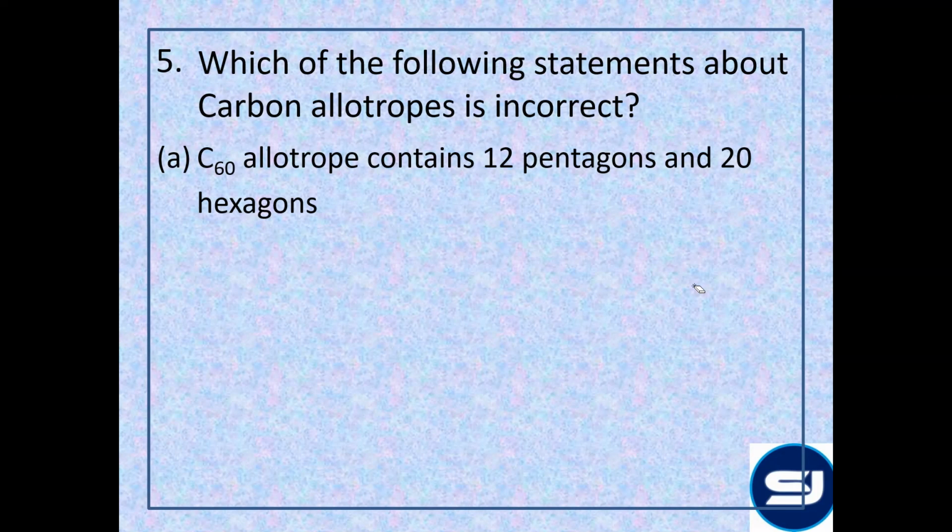This is a correct statement. And a question related to this has come many times: Buckminster fullerene contains how many 5-membered and how many 6-membered rings? It is 12 and 20, 12 pentagons and 20 hexagons.